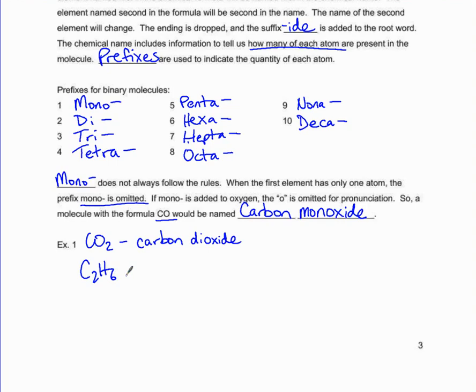This one is C2H6. We see that it has 2 carbons, so we call it dicarbon. And here's a 6, hexa. And hydrogen is a little bit weird. It becomes hydride, hexahydride.